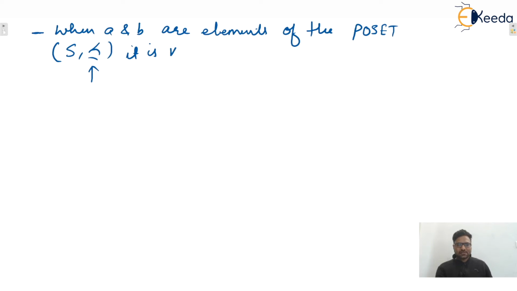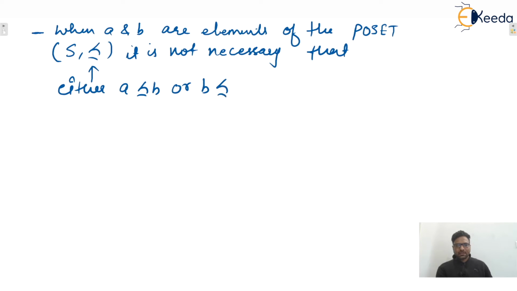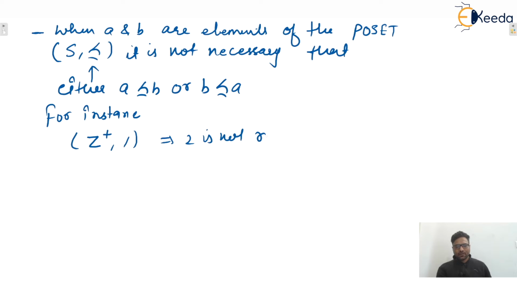Then it is not necessary that either A is related to B or B is related to A. For instance, consider the set of positive integers on division. Here, 2 is not related to 3, because 2 doesn't divide 3.